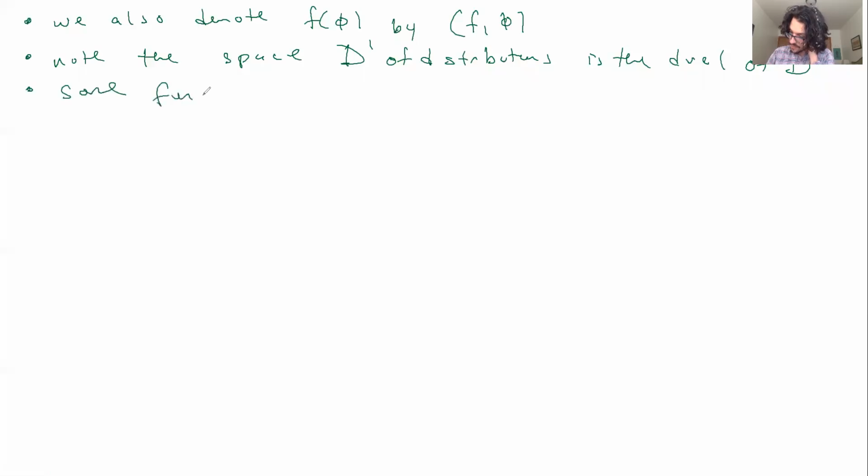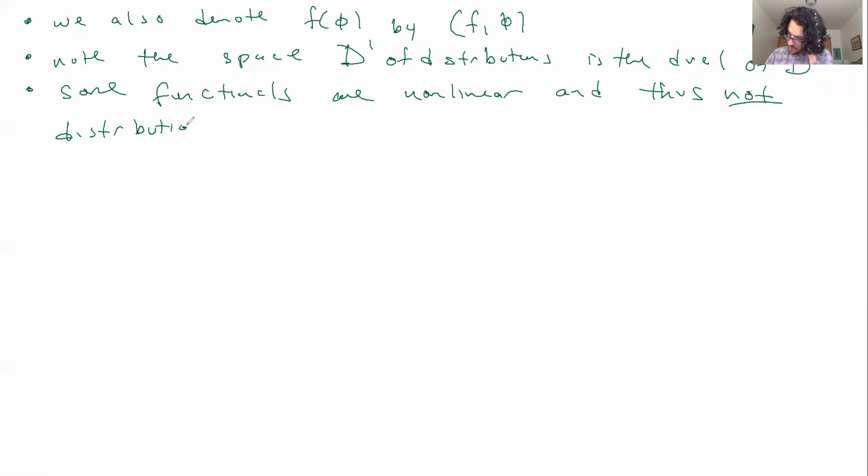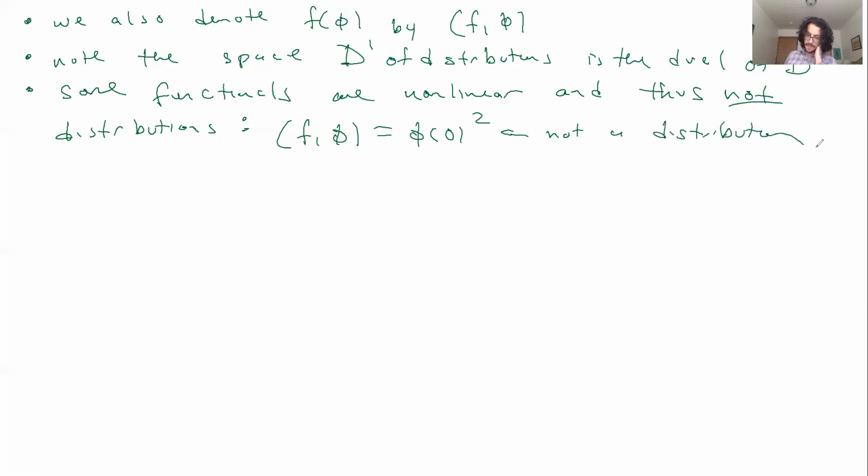And some functionals are nonlinear, okay? And thus not distributions, okay? So just because you have something that acts on a test function, right, doesn't mean it's a distribution, right? This is not a distribution here, okay? It's not linear.